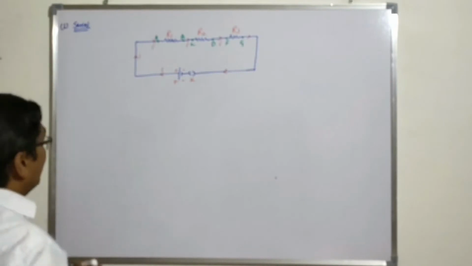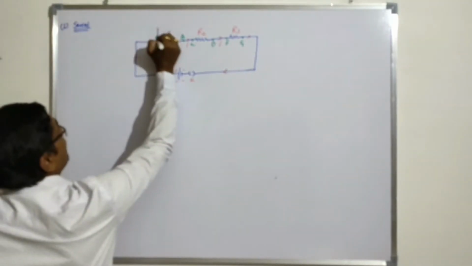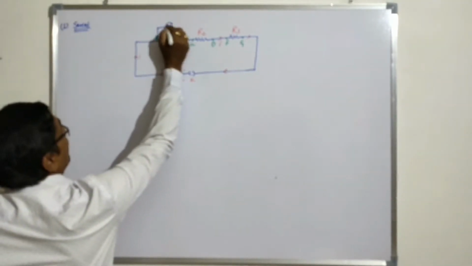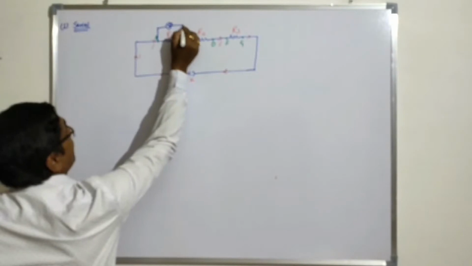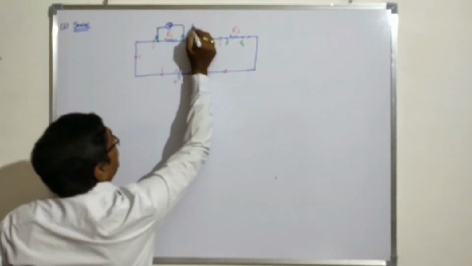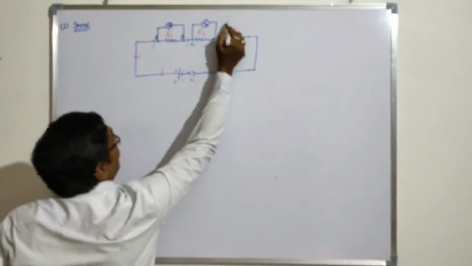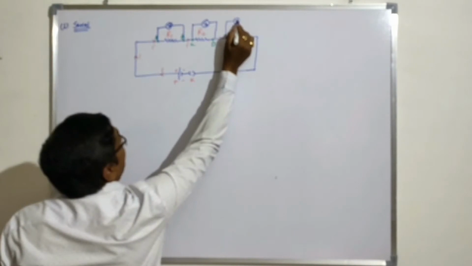Then we attach a voltmeter to find the potential difference. The potential difference between the terminals of resistor R1 is V1, between the terminals of R2 is V2, and here it is V3.